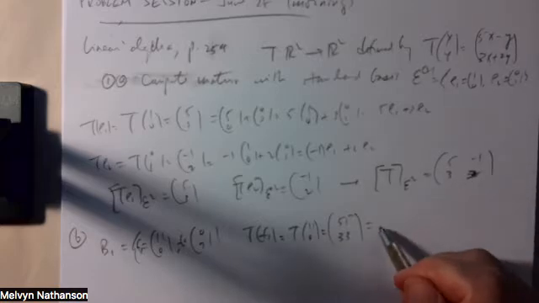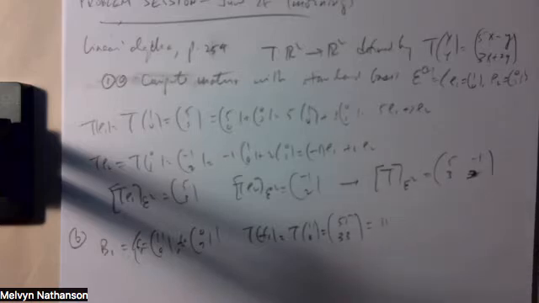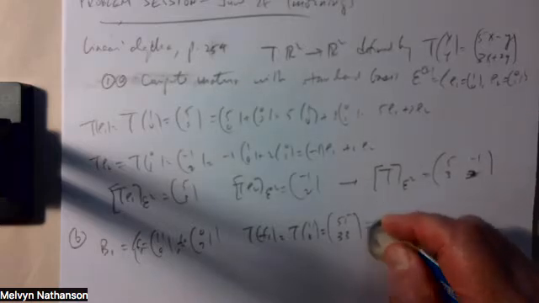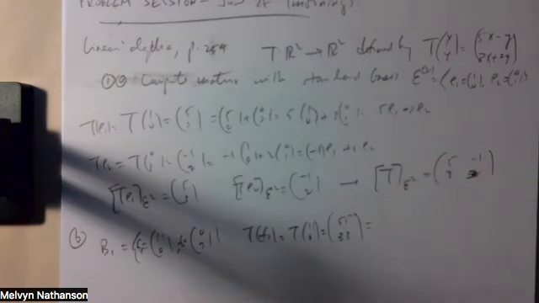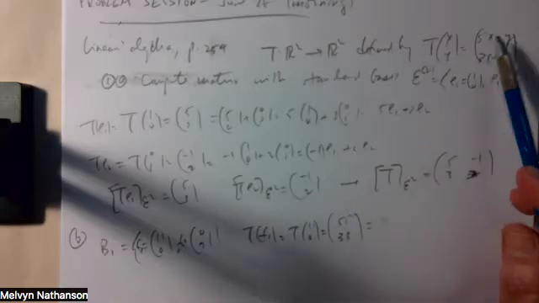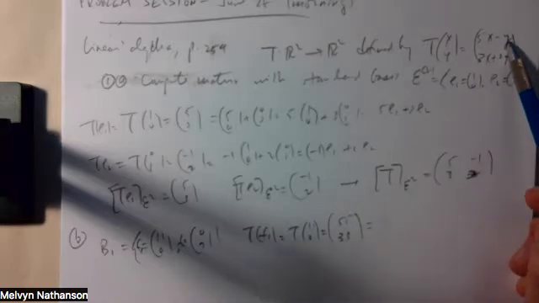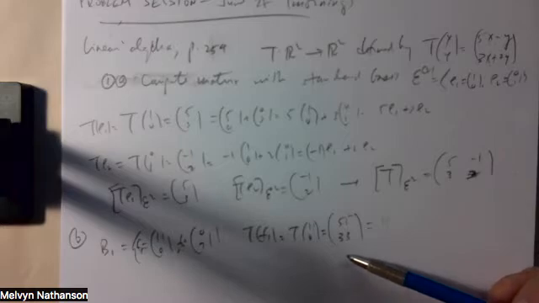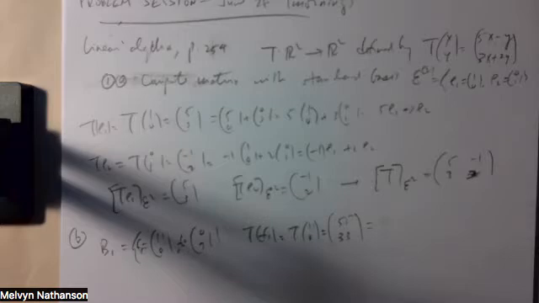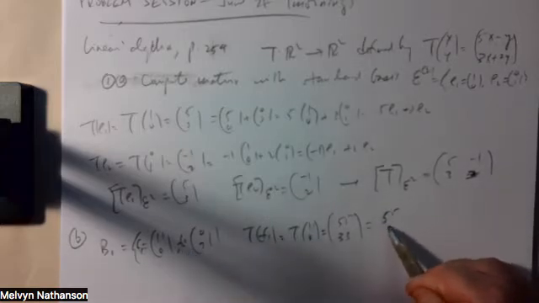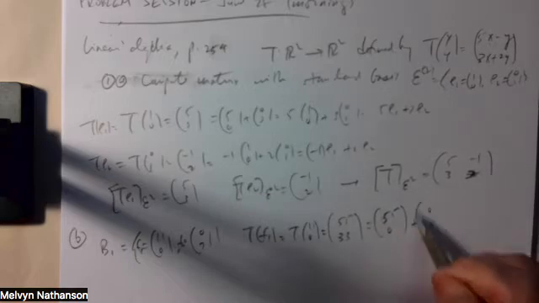So with respect to this new basis, this is (55, 0) plus (0, 33).